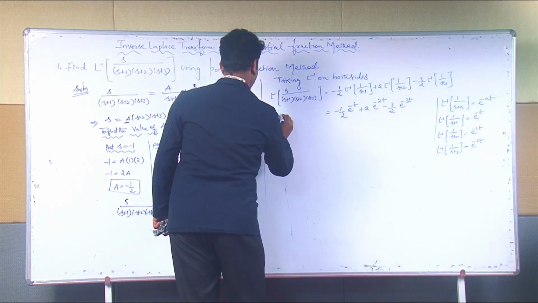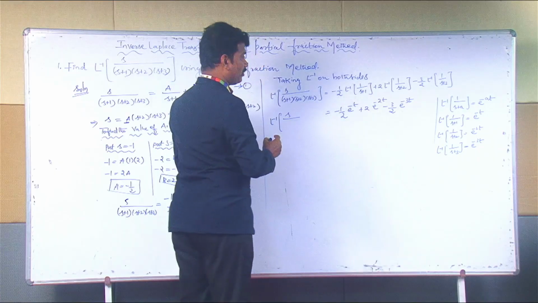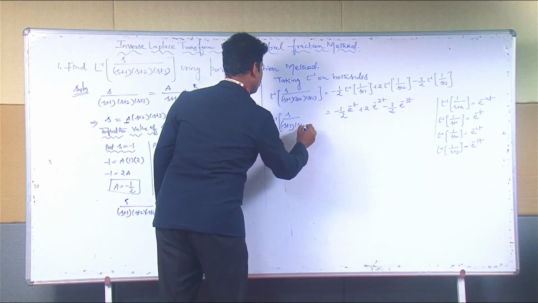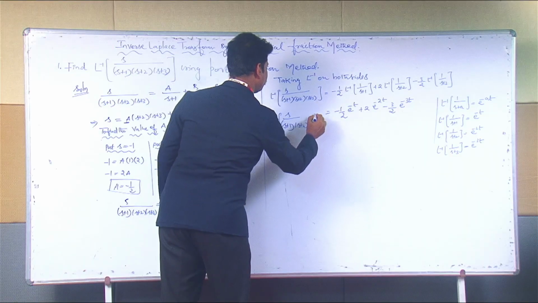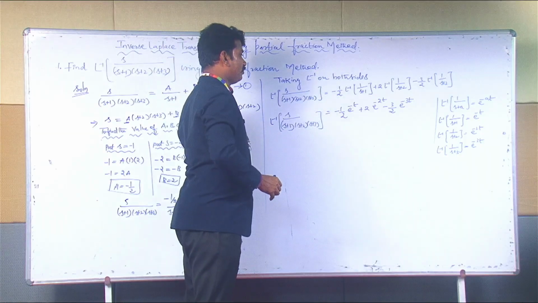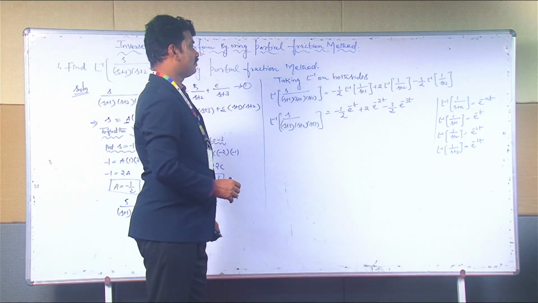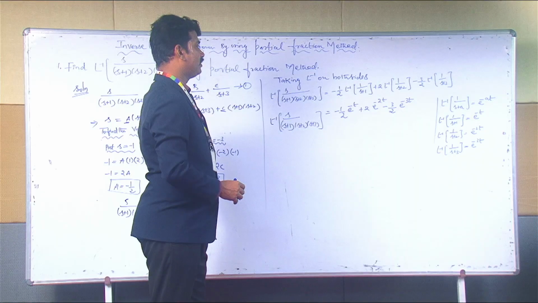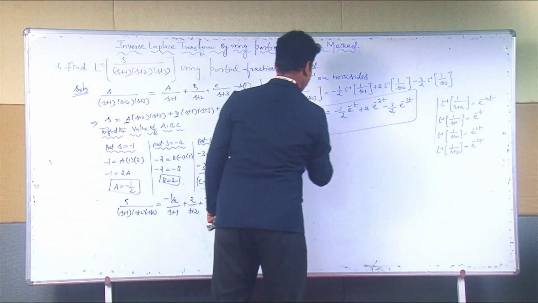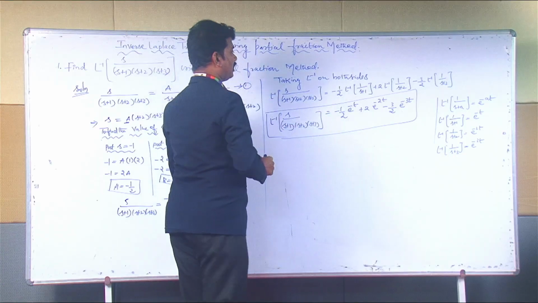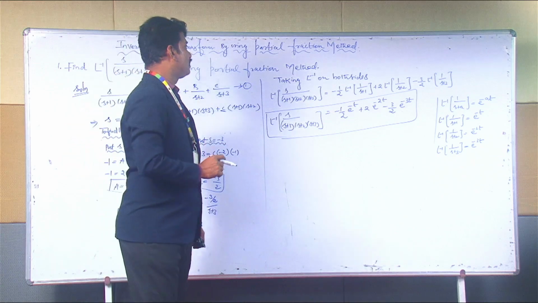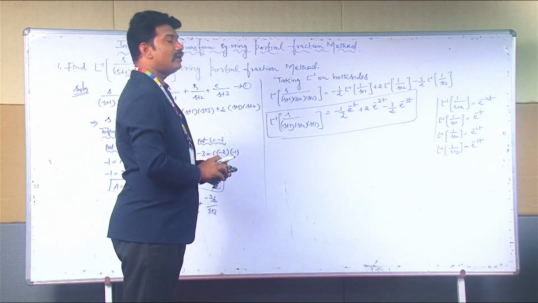L inverse of s divided by (s plus 1)(s plus 2)(s plus 3) equals minus 1 by 2 into e power minus t plus 2 into e power minus 2t minus 3 by 2 into e power minus 3t. So this is the working procedure to find inverse Laplace transform by the partial fraction method. So this is type 1. You have to keep it in your mind.